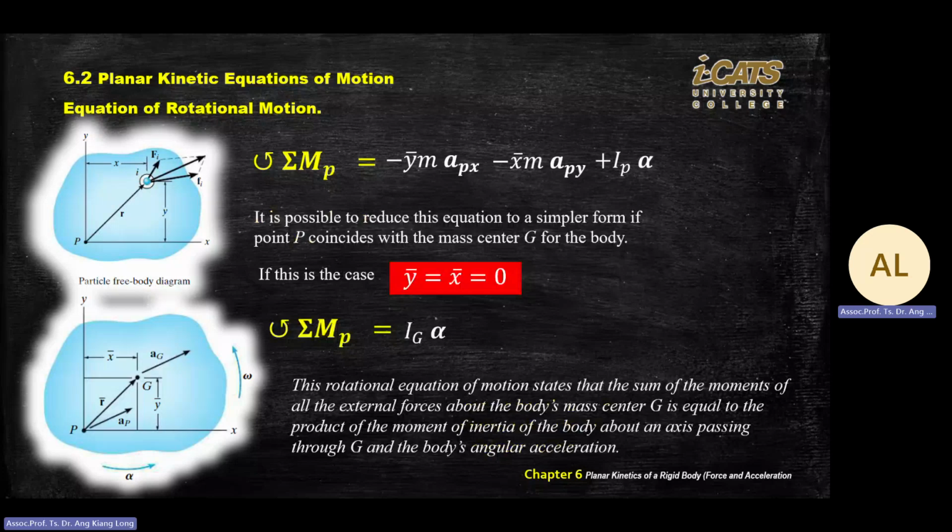Because you have a reference point different from your center of mass, that's why you have x hat and y hat there. So if the question gives you an easy problem, we will move P directly to the same place as your G. Your equation will arrive at the moment equation: this one 0, this one 0, arrive at IP alpha.